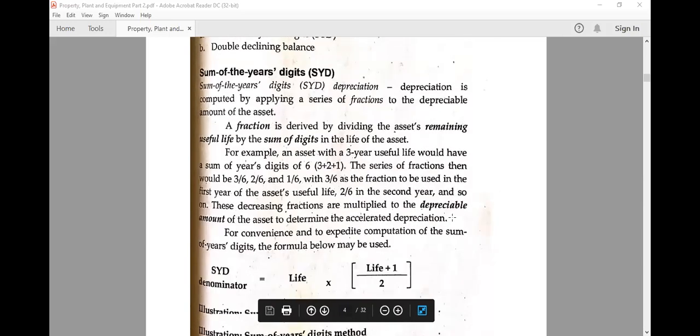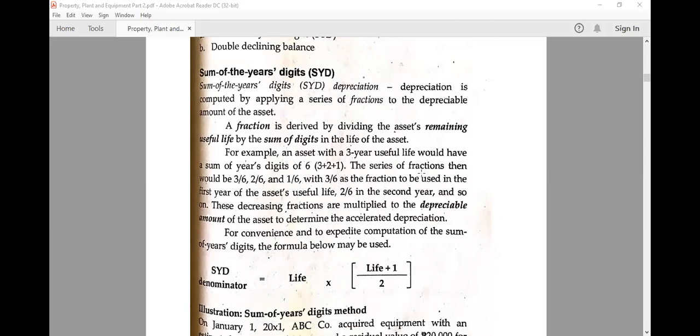For SYD, sum of the years digits depreciation, we are going to develop fractions in which the numerator would be the greatest n number of years, or useful life of the asset, for the first year, and lowest on the last year.